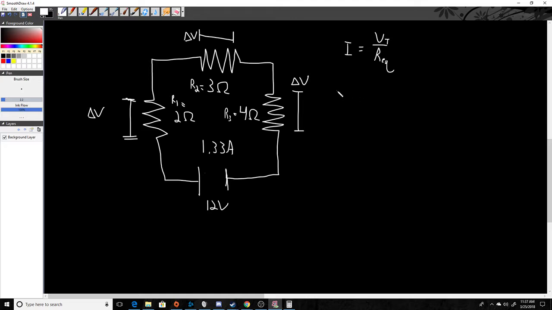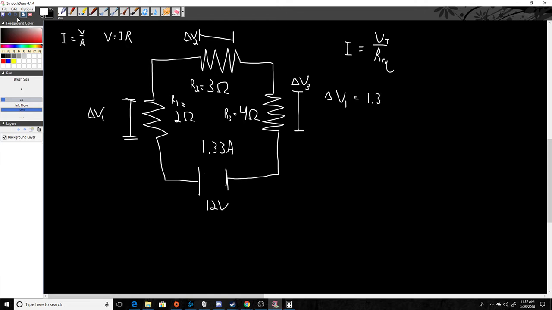If I want to know the change in voltage for the first resistor, I look at Ohm's law: I equals V over R. If I want the voltage drop off, I just solve for V. V equals I times R, okay?